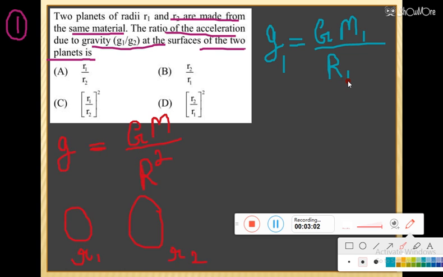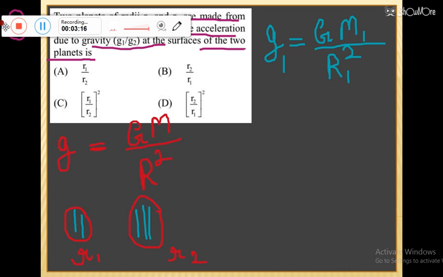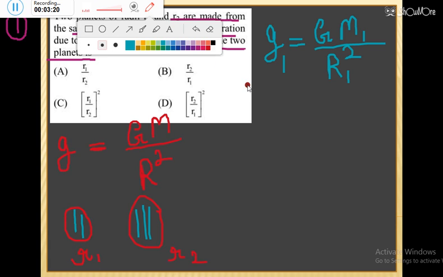But students, they are made up of the same material. Material of this is also the same, material of this second one is also the same. That means their density will be the same, because if the material is the same for two bodies, say they are made of rubber, one is larger, one is smaller, their density must be the same.